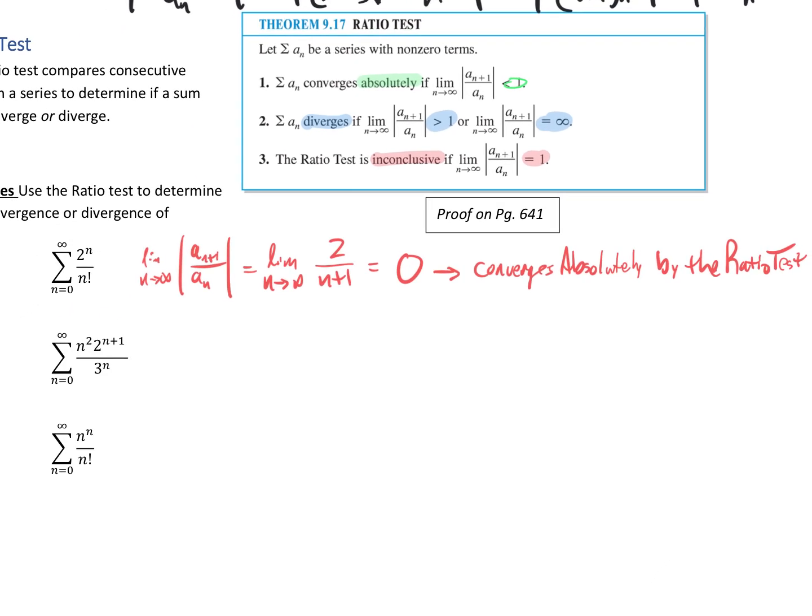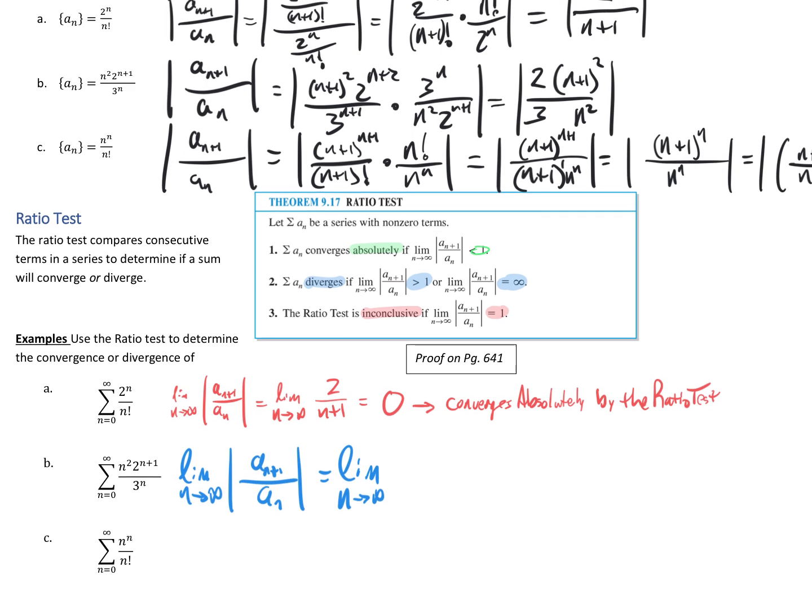Well, what about this next one here? So let's go ahead and find the limit as n goes to infinity of a sub n plus 1 divided by a sub n. And let's use our work from up above.